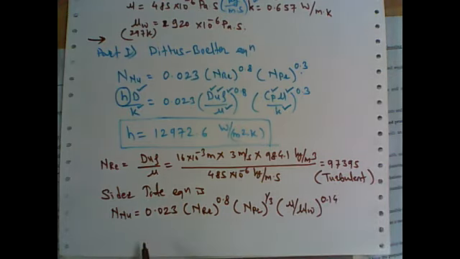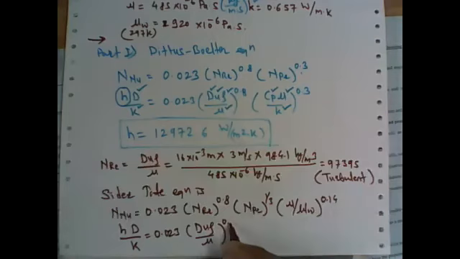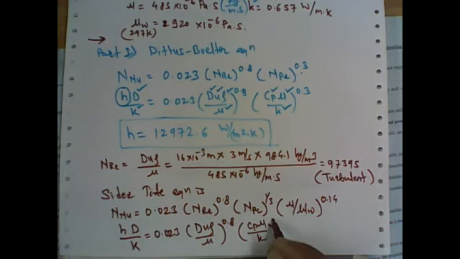So this Nusselt number can be written as hD by k, 0.023. We have already calculated the value of NRE, but still I am writing here du rho by mu raised to 0.8. NPR is nothing but Cp mu by k raised to 1 by 3, and mu by mu W raised to 0.14.